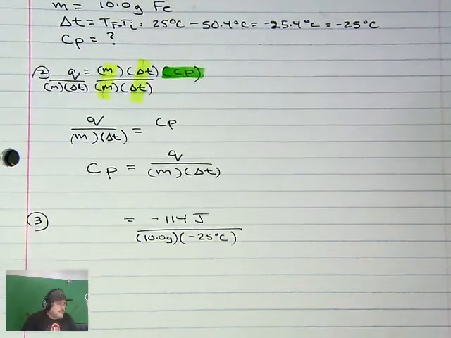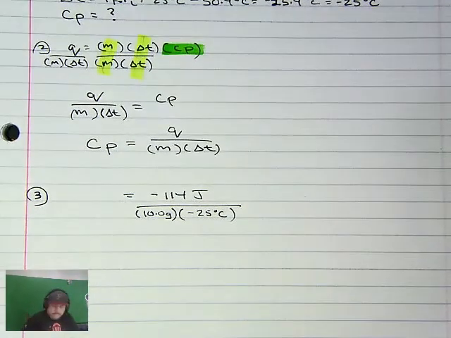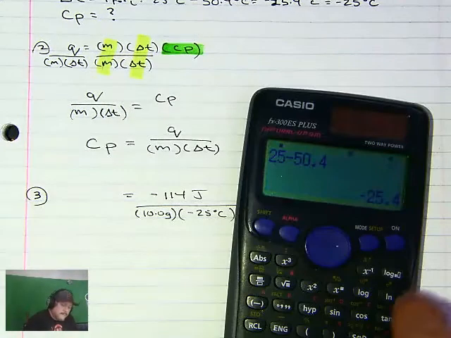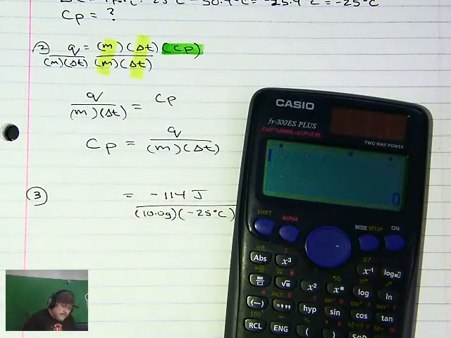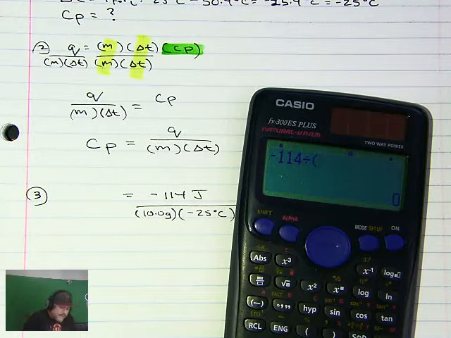And now I just punch it into my calculator. So the top is negative 114 divided by, and then I open parentheses so I can do the bottom.